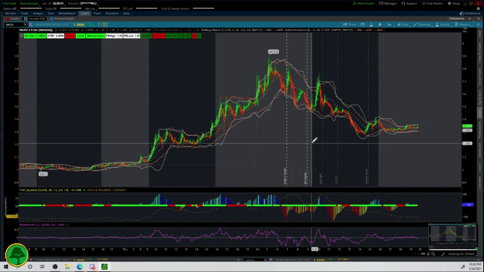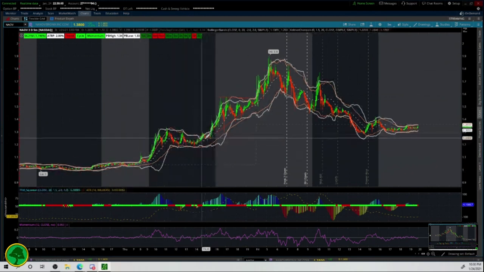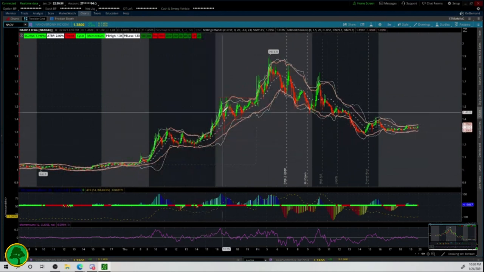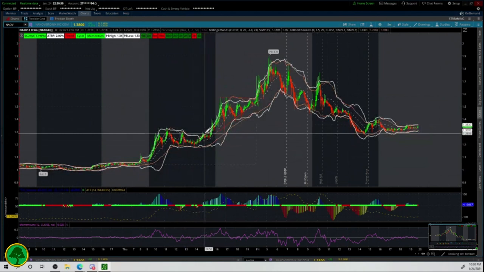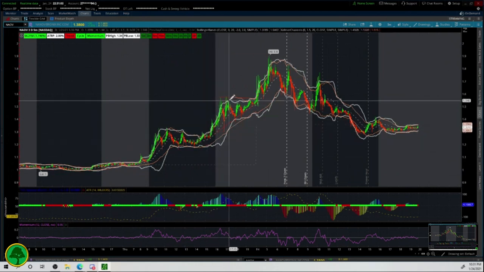Just for instance, if we called out, say, NAOV, it ran all the way through here, and we called it out here to take an entry on it. But you missed that call out here at $1.25 or whatever, right before close. You missed that run.